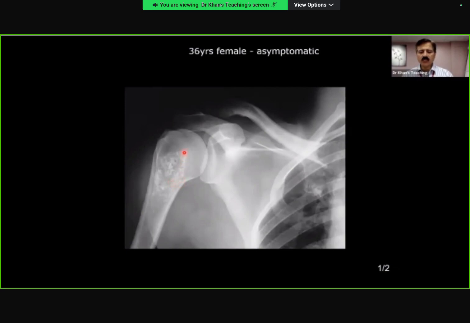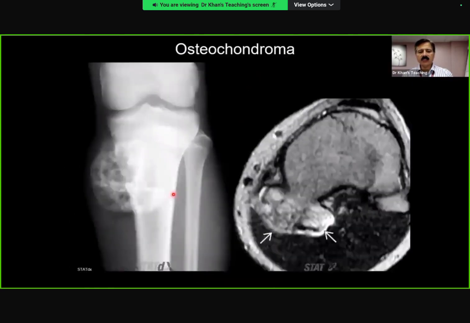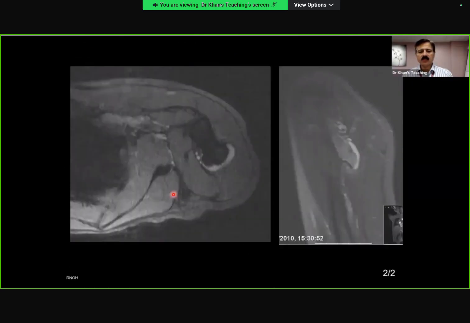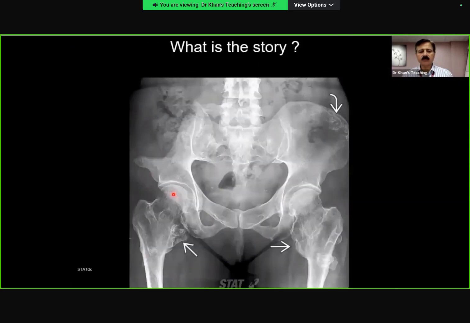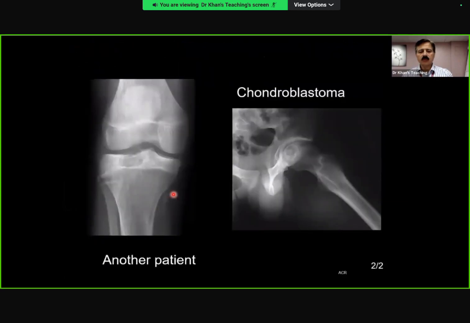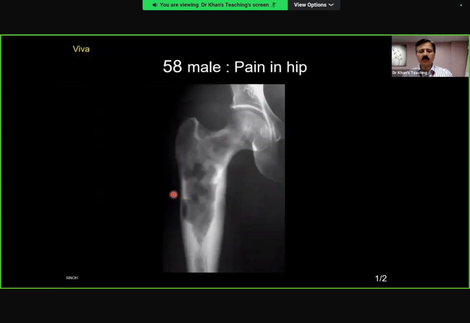Then when you see a lucency inside, that lucency will cause endosteal scalloping. Let me show you a case right now, and then we will come back. Now, concentrate on this case.